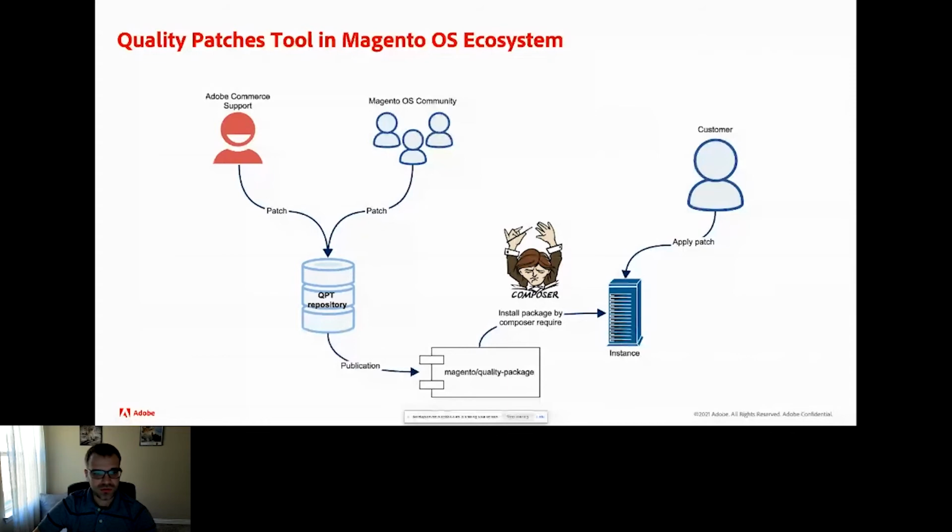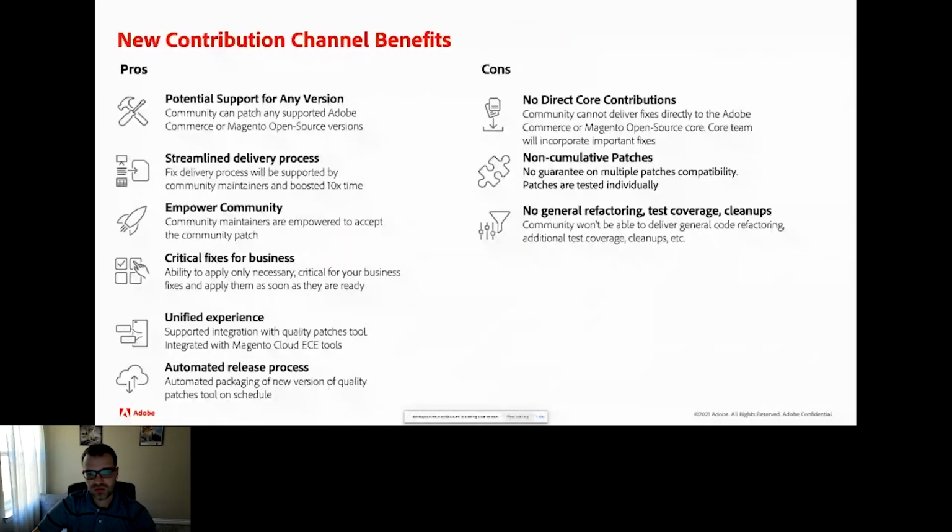Also, the community is empowered to deliver and accept such fixes as community patches. The delivery process will be boosted several times because we have a big community maintainers team. I believe we already have more than 40 community members there, and they're glad to help us with review and delivery of such fixes.